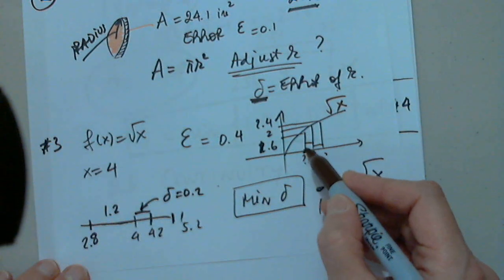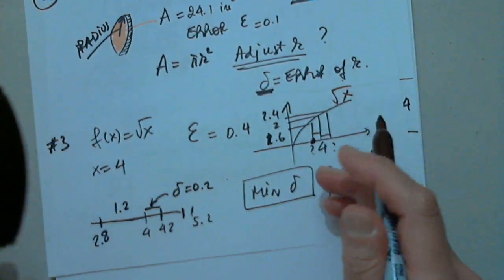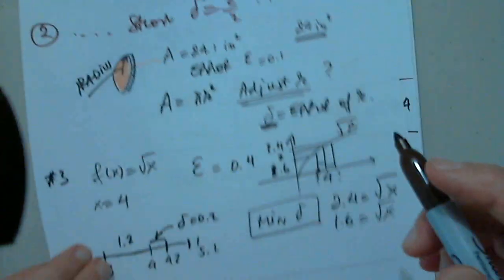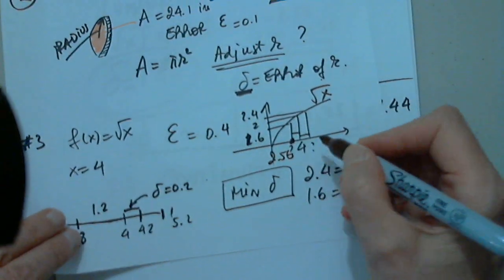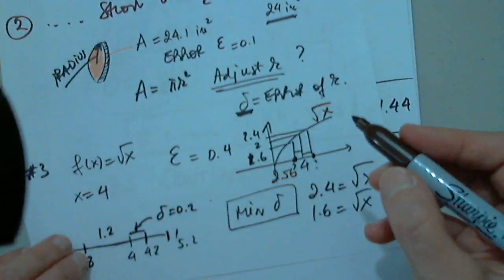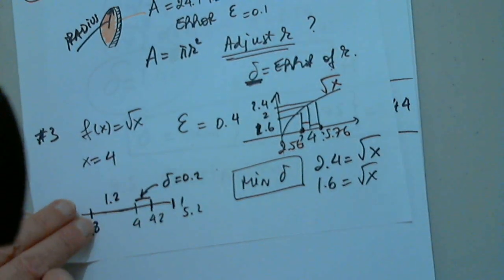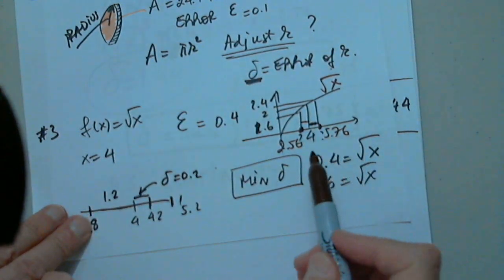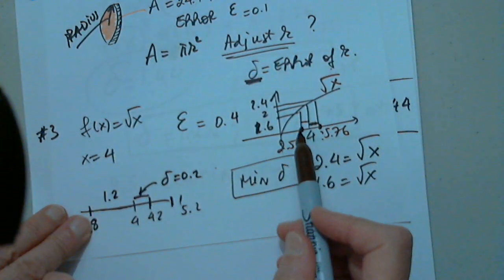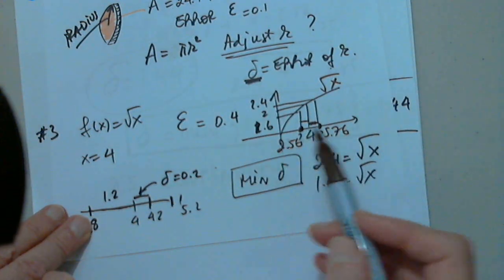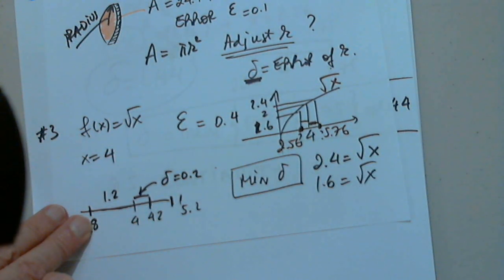And from here, we found that this number is 2.56, and we found that this number is 5.76. So we had to measure the distance between 4 and 5.76 and the distance between 2.56 and 4, and we had to choose the smallest.